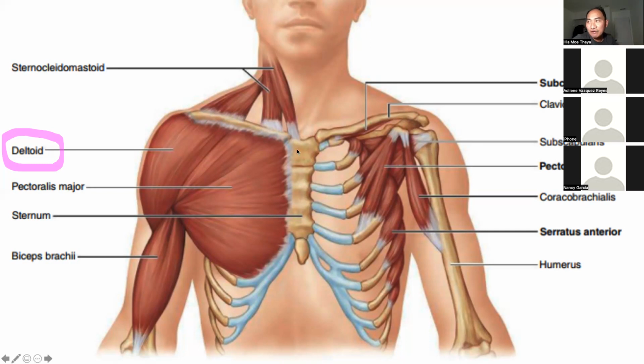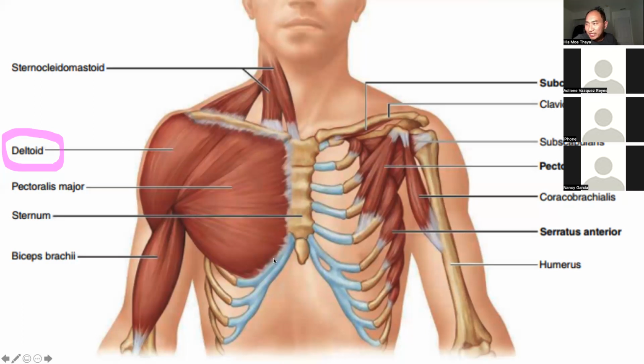They originate from the clavicle and from the sternum. So we say this is the sternal head and this is the clavicular head. Whatever it is, such a big muscle will fuse all together and attach to the proximal humerus. Anyway, we were talking about the deltoid muscle.